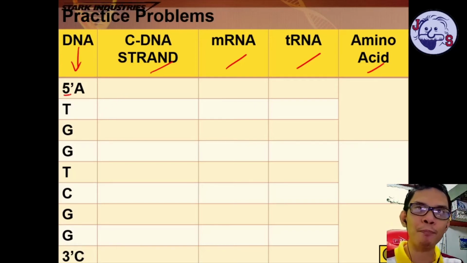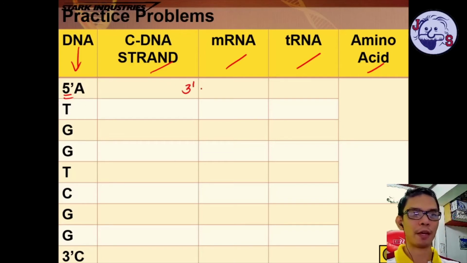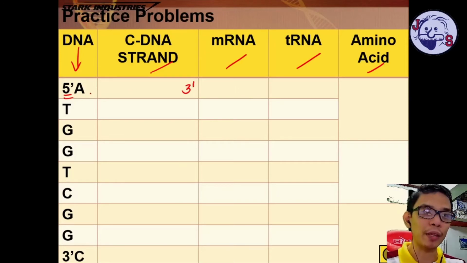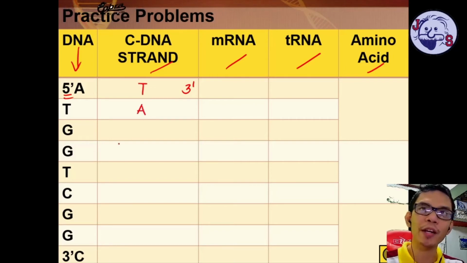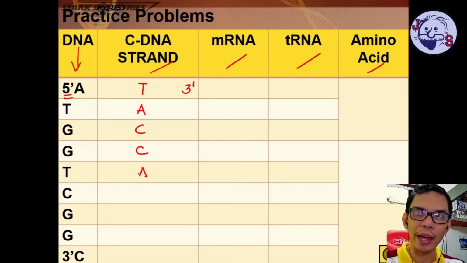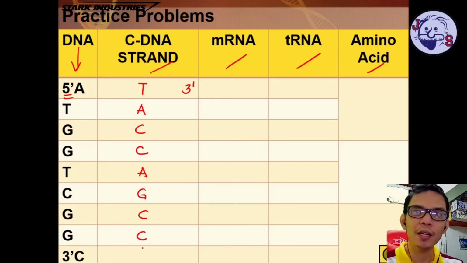So if this is 5 prime, we are going to have 3 prime on this side. What is the complementary pair of the A on DNA? We have T. We have A over here. The G will be complementary to C. Next one is C, we have A, we have G, we have C, C, and finally we have G over here.